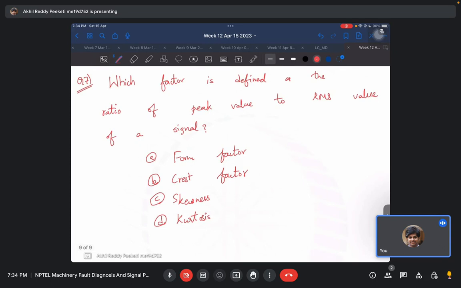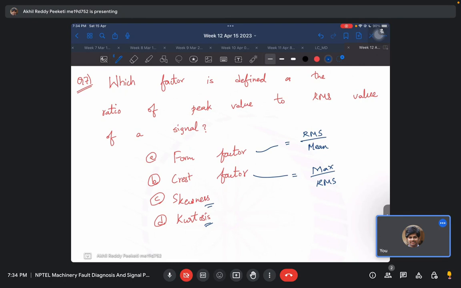So which factor is defined as the ratio of peak value to RMS value of a signal? Form factor is actually RMS by mean, and crest factor is maximum by RMS, and skewness and kurtosis depend on the shape of the function.